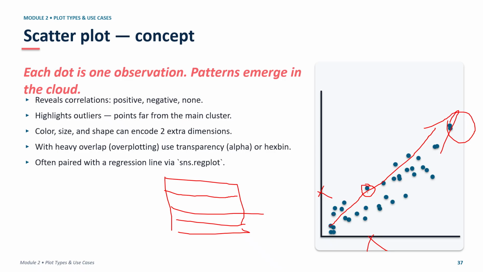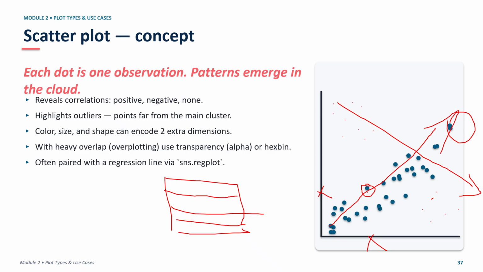Whereas for a negative correlation, you will have dots arranged from the top left to the bottom right. When you have data points like this, from top left to bottom right, then you call it the negative correlation.